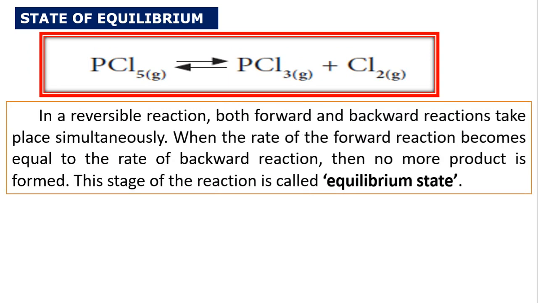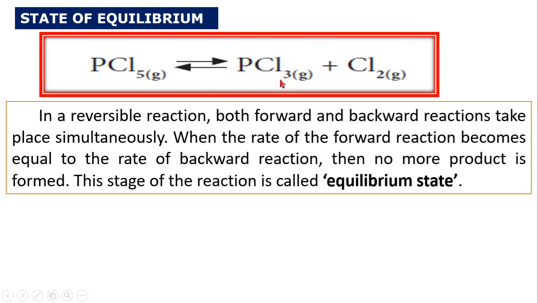Now let us consider the following equation. Phosphorus pentachloride decomposes into phosphorus trichloride and chlorine, and this is called a forward reaction.